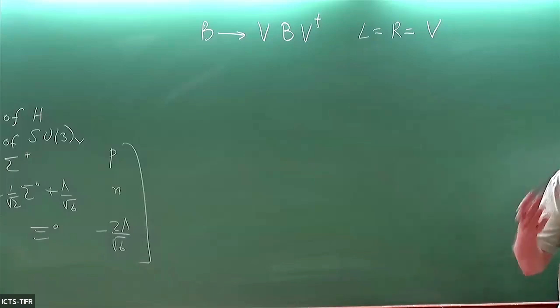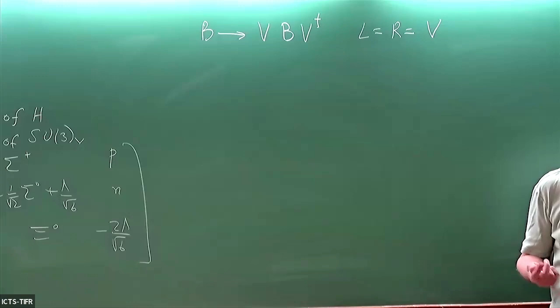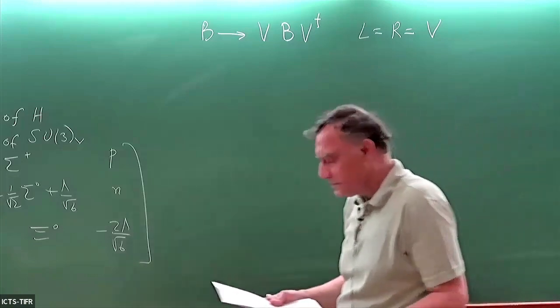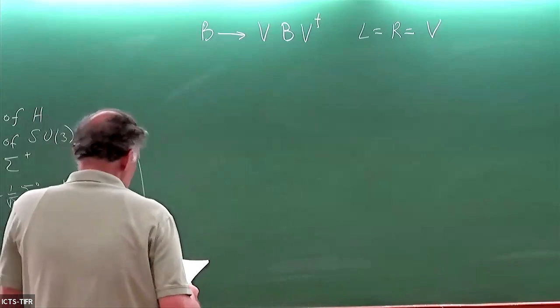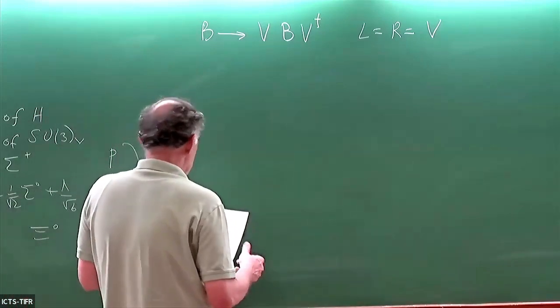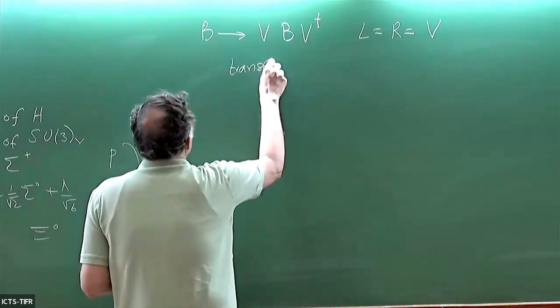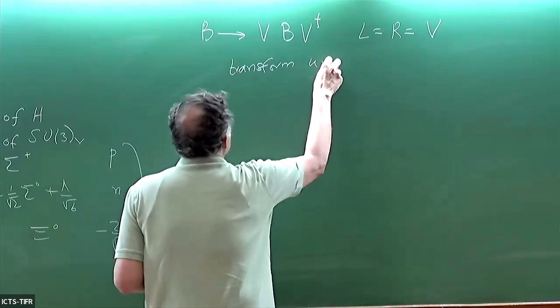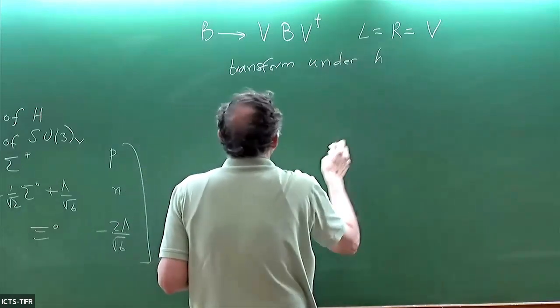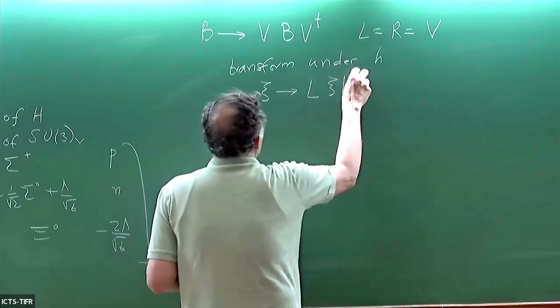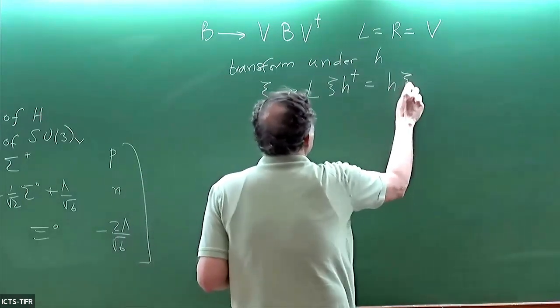Now, when we put them in the chiral Lagrangian, we need a transformation property for them under chiral SU3 cross SU3 because the mesons and everything else transform under it, and we have to write down an invariant Lagrangian. So this was the second paper in the Callan-Coleman-Wess-Zumino series. And the answer is you make them transform under what we were calling H. So remember, C went to L C H dagger equals H C R dagger.